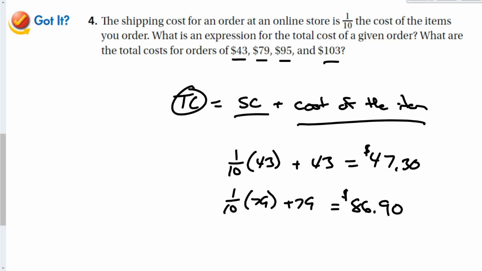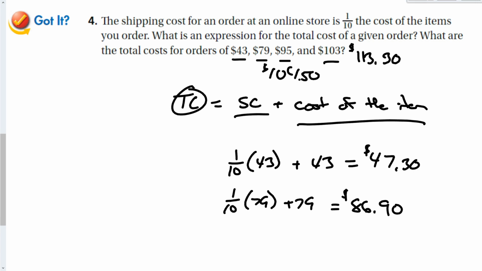The correct answers would be 104.50. So for 95, that would be 104.50. And for 103, that would be 113.30. Okay, so you can try those and see if you can get those too.